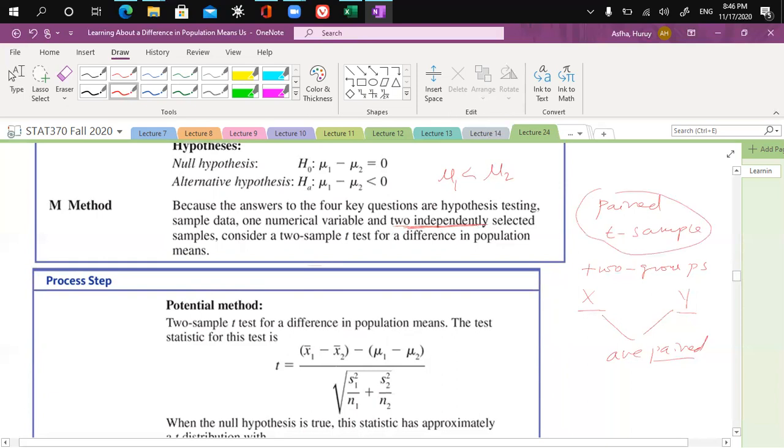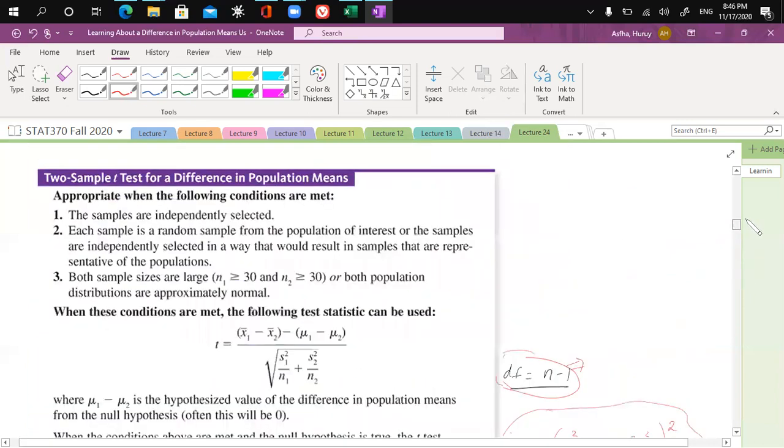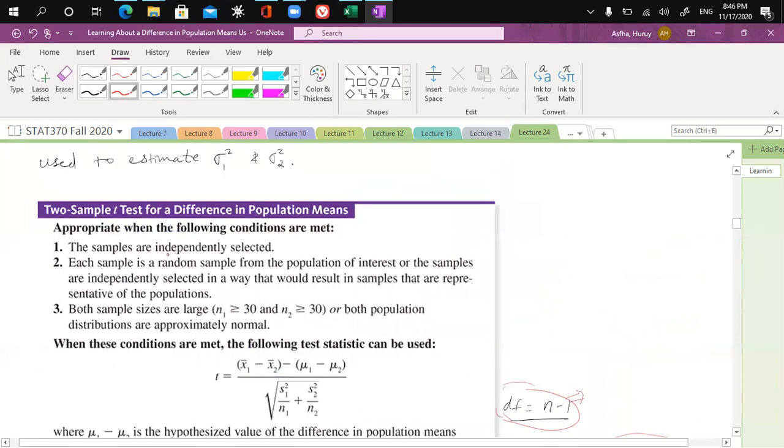So always, to figure out whether to use the paired t-test or the t-test for two independent samples, you have to see whether the two samples are independent or not. That's one of the conditions here, the first condition. This is the reason why we need to know whether the two samples are independent or not.